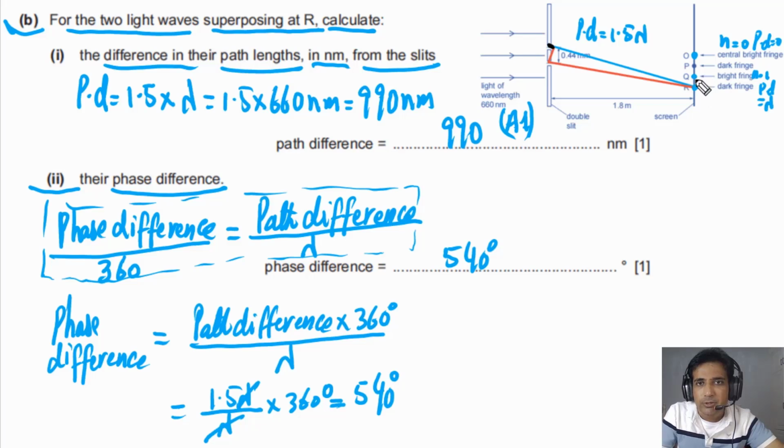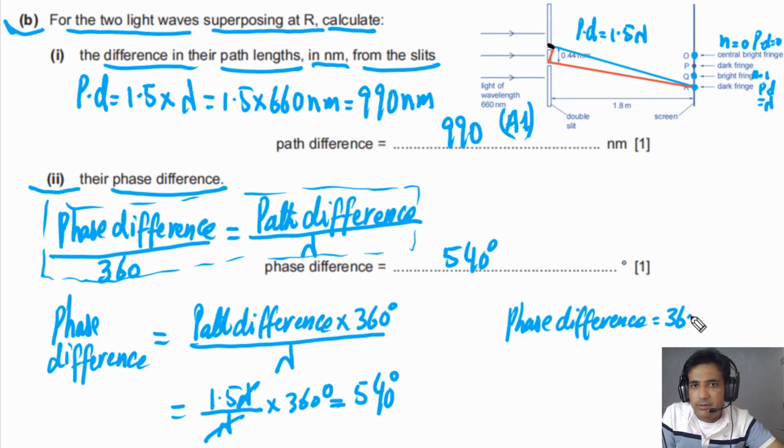So we can also understand this one in a little bit different way. For example, the phase difference here will be 0. Phase difference here will be equal to 360, and phase difference here, at the next dark fringe, will be equal to 360 degrees plus 180 degrees, and this one will be equal to 540 degrees.